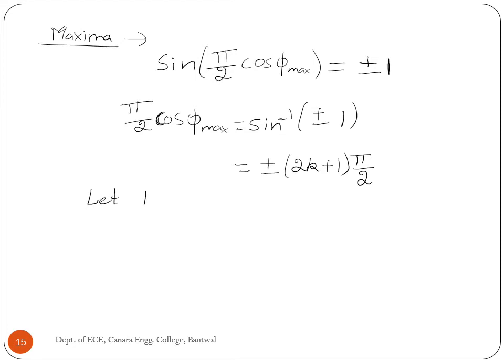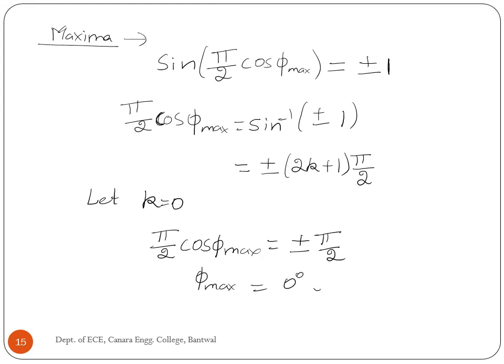Let k equal to 0, pi by 2 cos phi is equal to plus or minus pi by 2. Therefore, phi maximum value is 0 degree and 180 degree.